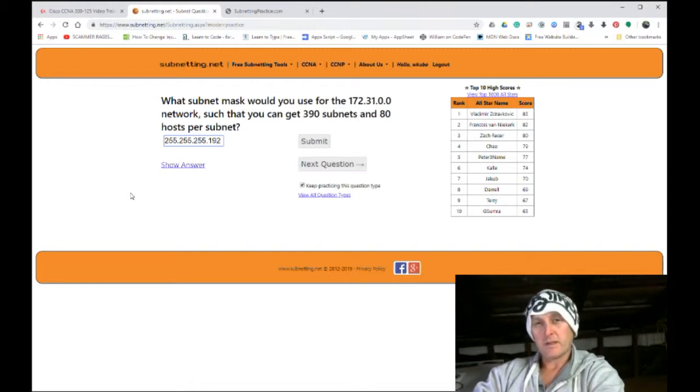So, what do we need? If we go 0, that will give us a block size of 256 with 254 hosts. Still too large. 128. That's a block size of 128 with 126 hosts. That will accommodate. So let's submit that.